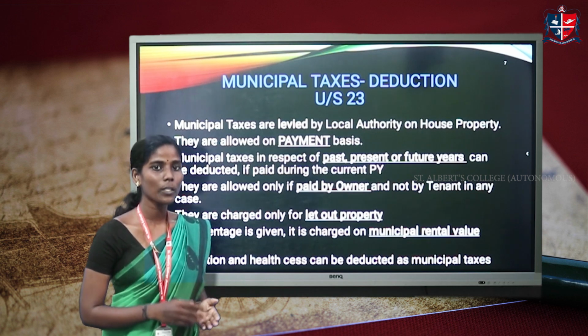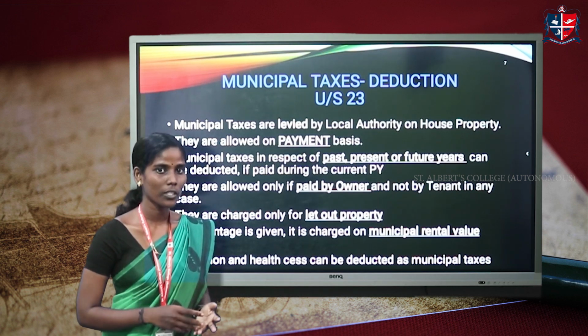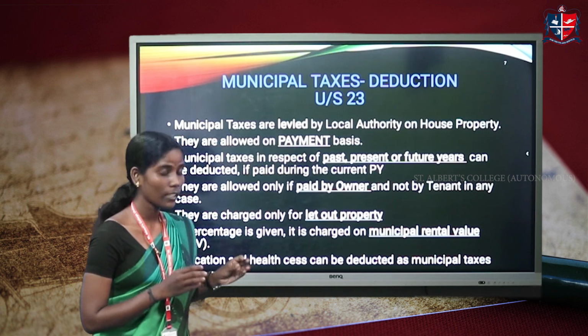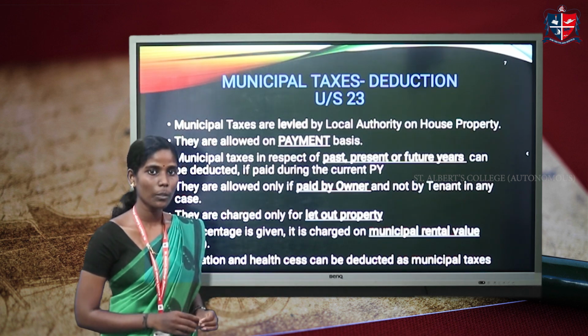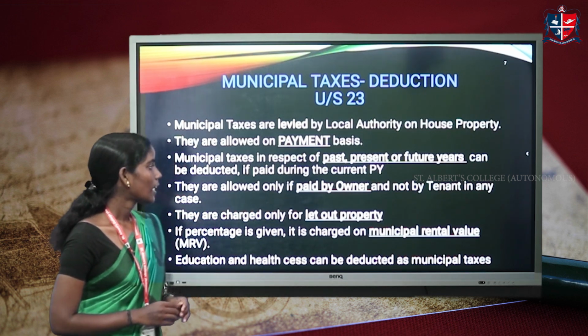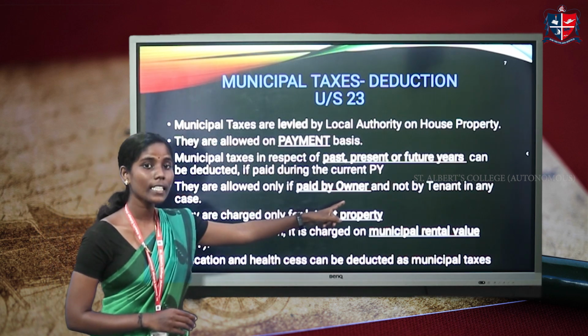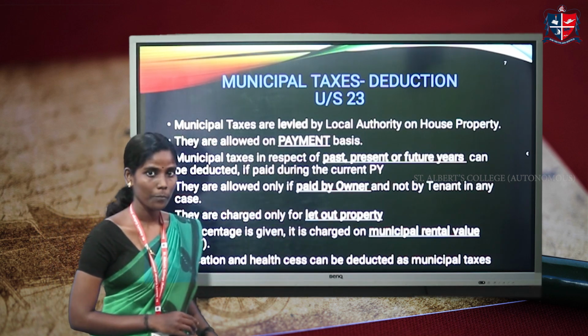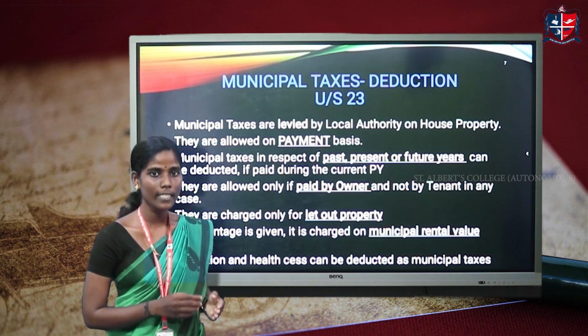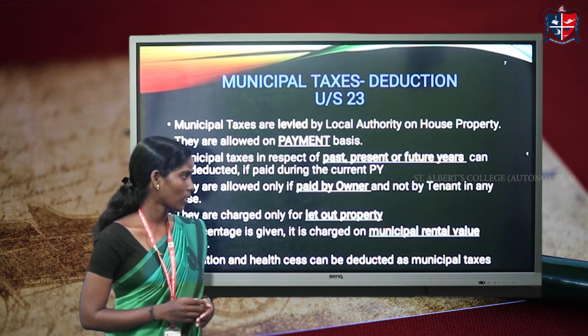Whether it is related to past, present or future, if there is any tax paid by the owner, it is deductible from the GAV. The deduction is given only for the amount which is paid by the owner. If the tax is paid by the tenant, we cannot claim that deduction.